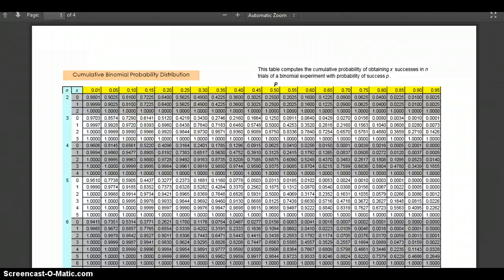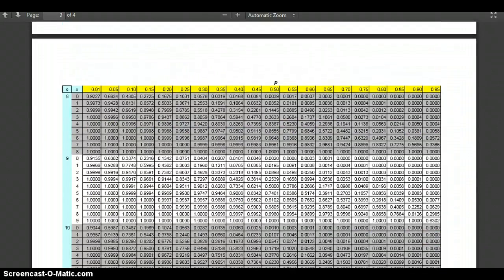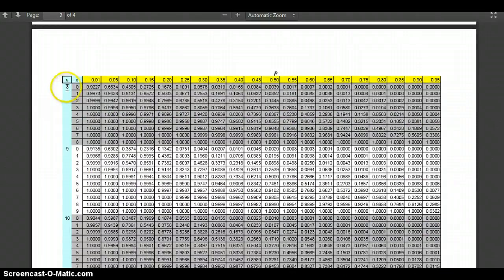How do we use this table? First, we know n equals 8, so I look at n here: 2, 3, 4, 5, 6, 7, 8. I found the page with n equal to 8. Then I look at p, because the probability of Rh positive is 0.85, so I found it right here. And at most 5, little x is at most 5, so I go to this row and the 0.85 column.